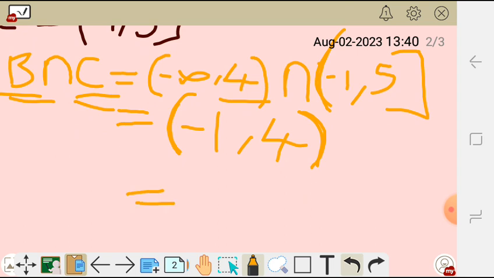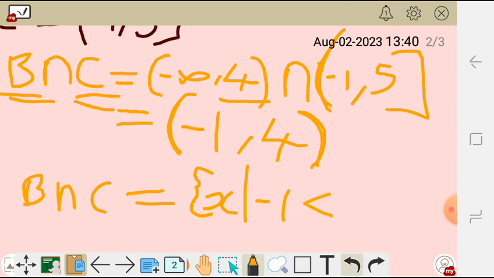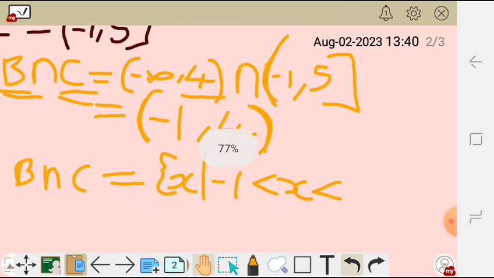We are going to say B intersection C is equal to x such that negative 1 is less than x and x is less than 4. Okay, x is less than 4, like this, and then we close like this. Okay, so this will be B intersection C.